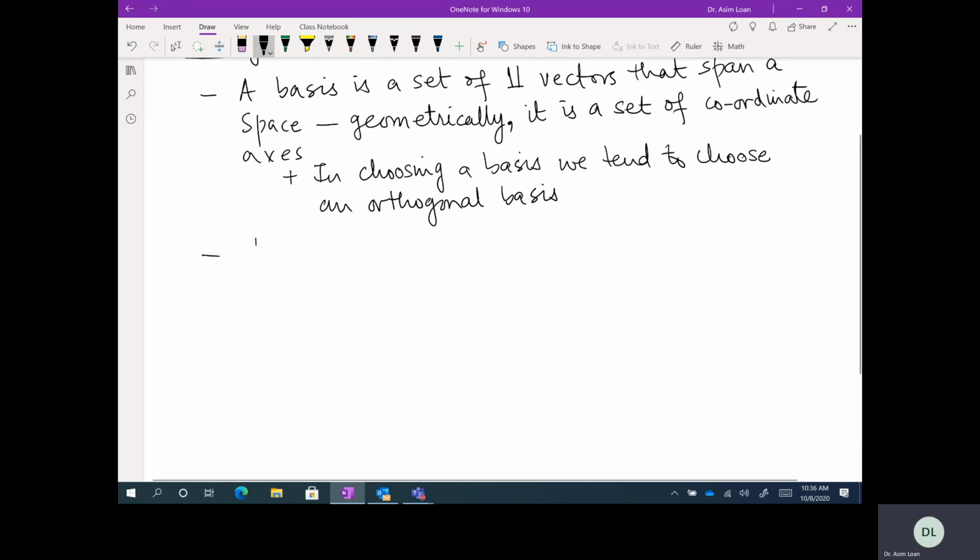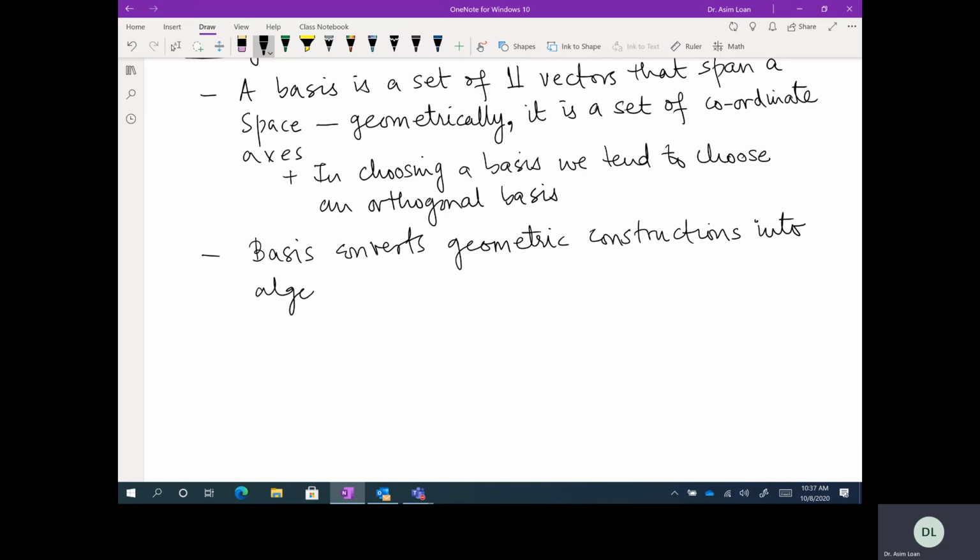So a basis converts geometric constructions into algebraic calculations, which simply means an orthogonal basis makes calculation simpler.